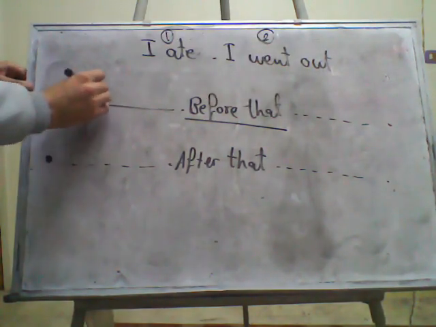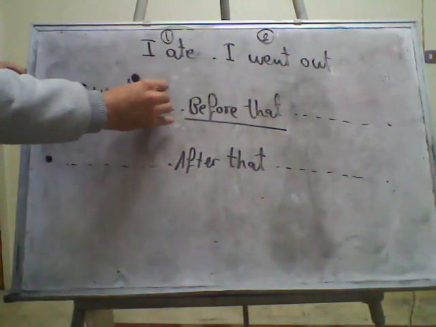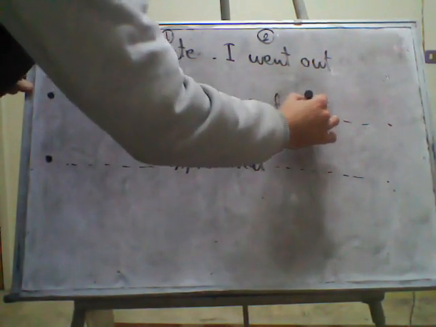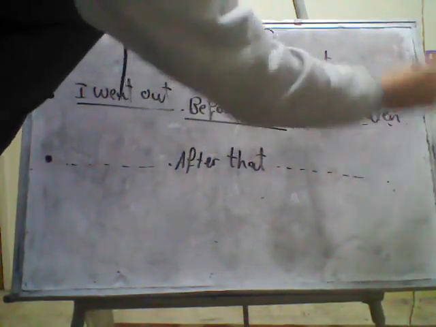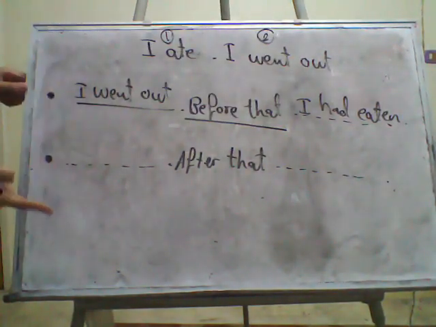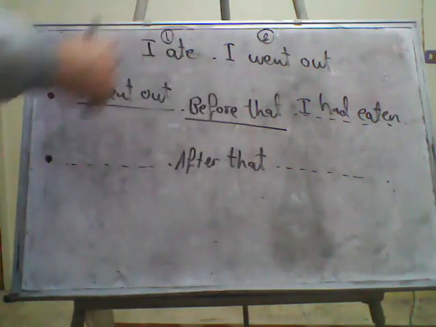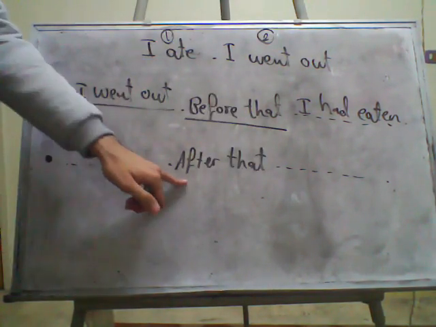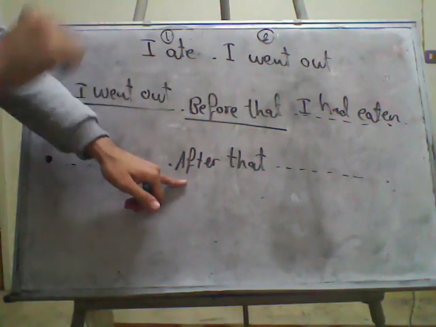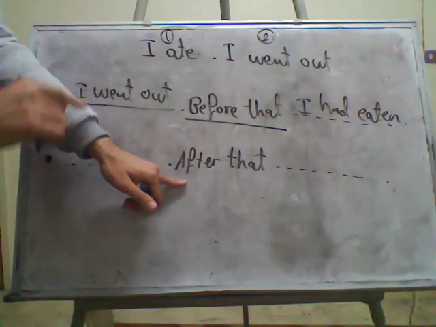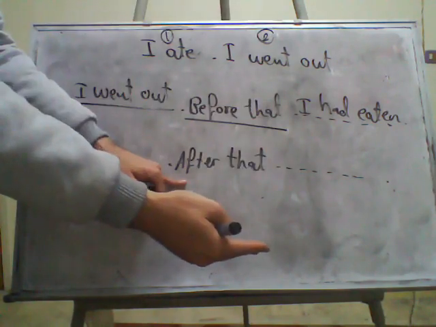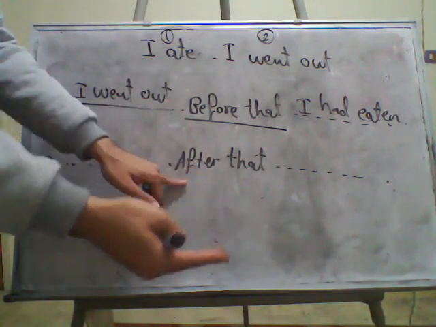I went out. Before that, I had eaten. The other one, after that. I told you in the last explanation that after is followed by the first action, the past perfect.